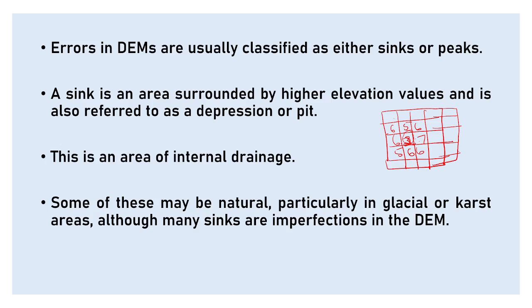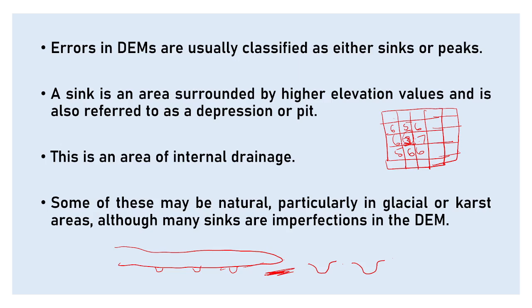If you have a glacier that is flowing, and it has some rocks or stones stuck at the bottom of it, then when it erodes the surface it will later generate such small depressions or pits. So that is something natural, right?